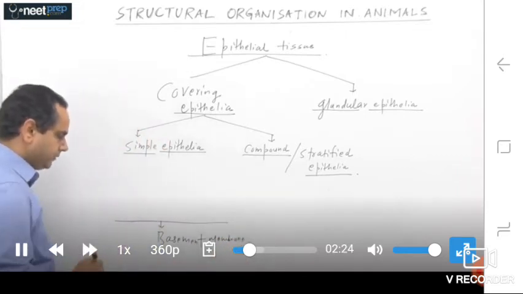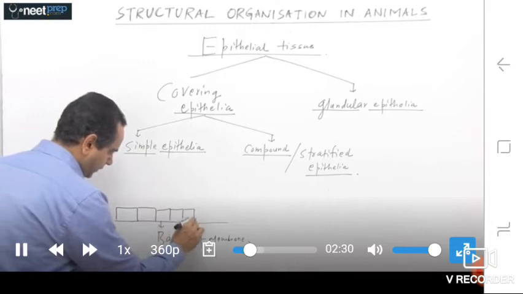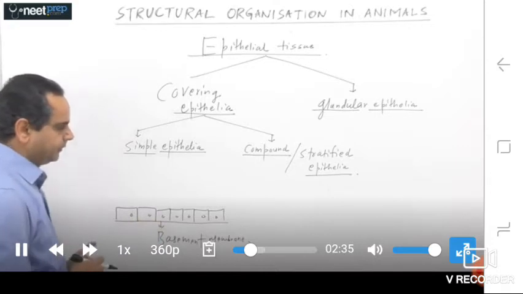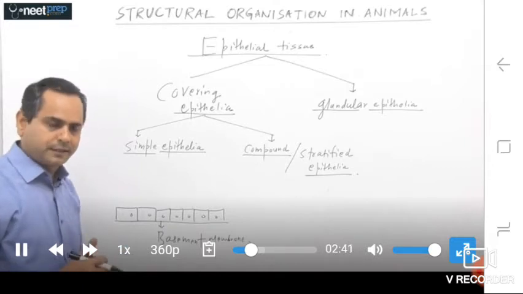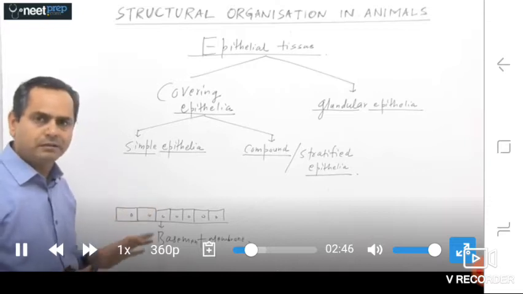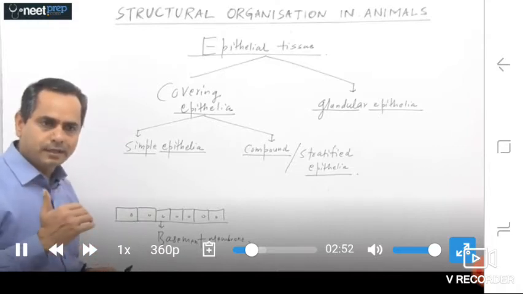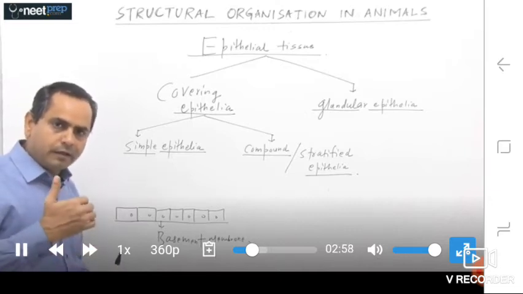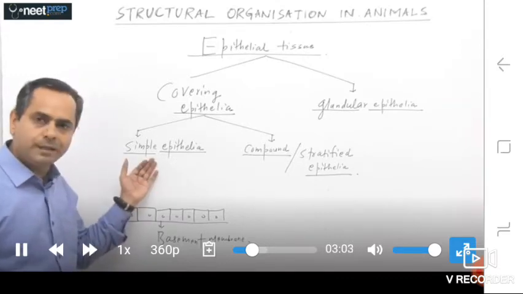Above that basement membrane, there is a group of cells present in a single layer. This is simply called simple epithelia. So simple epithelia generally contain a single layer of cells situated above the basement membrane, the membrane that supports the single layer of cells.